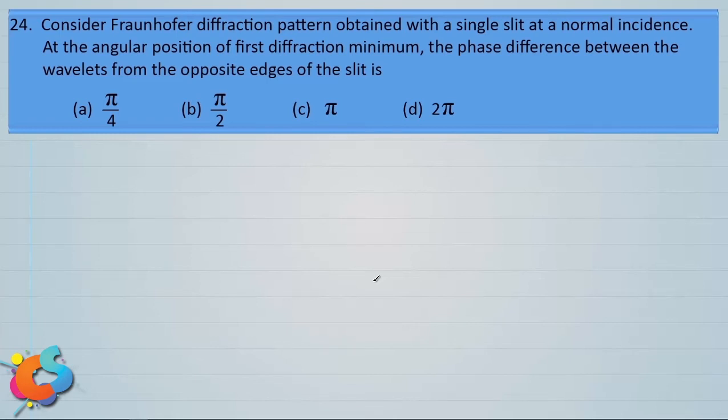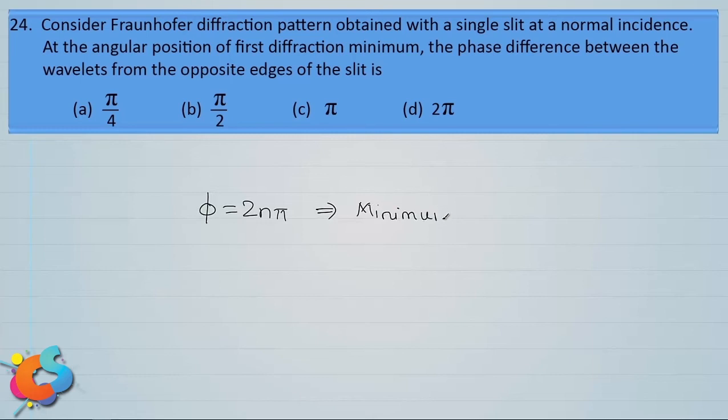Dear students, we know that in order to get a minimum in Fraunhofer single slit diffraction experiment, the phase difference between the two edges of the slit should be equal to phi is equal to 2n pi. This is the condition for secondary minima.